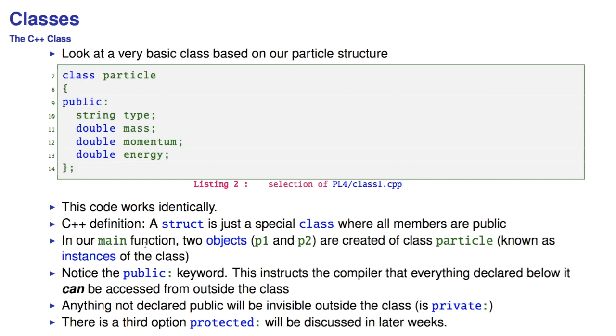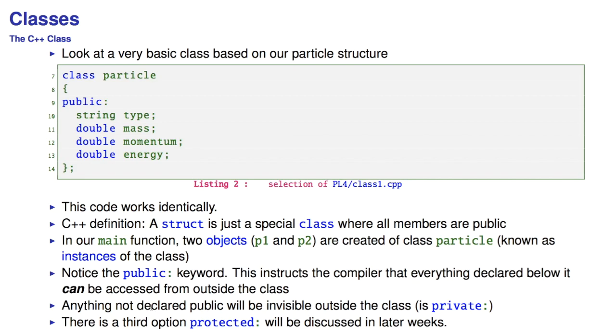And in our main function, as I'll show you in a minute, now two objects are created of the class particle, and they are instances of the class. But the public keyword is really the important one. This instructs the compiler that everything declared below it can be accessed from outside the class. So all of this data is available for any function anywhere in your code.